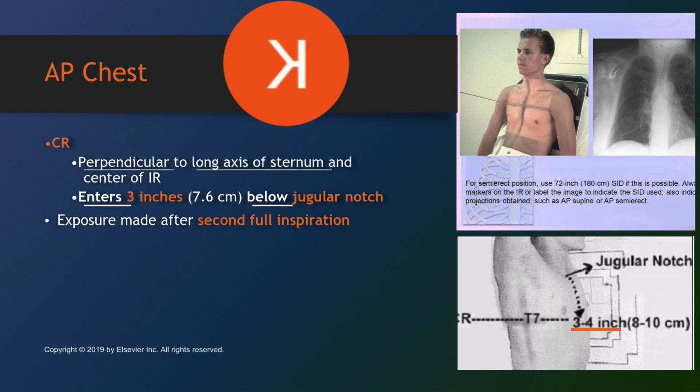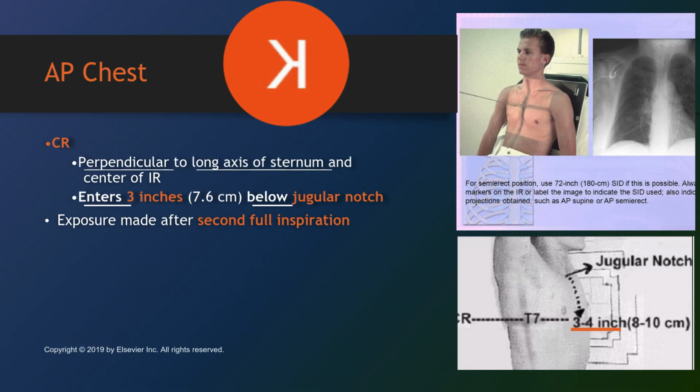Always use your marker on the image receptor or label the image to indicate the SID used. Also indicate the projection obtained, such as AP supine or AP semi-erect. Bottom, we see the patient is centered in a lateral position.